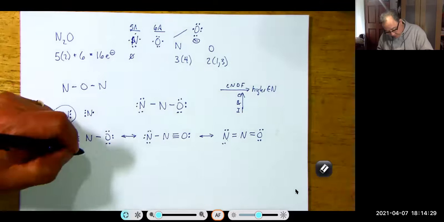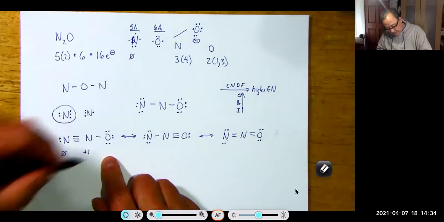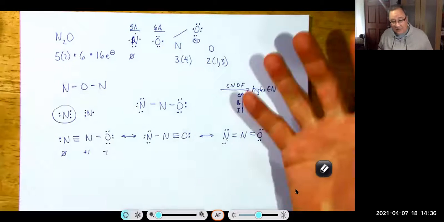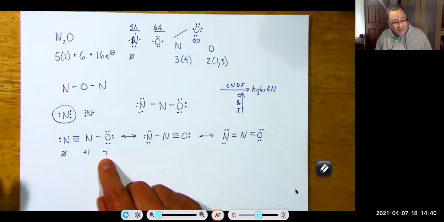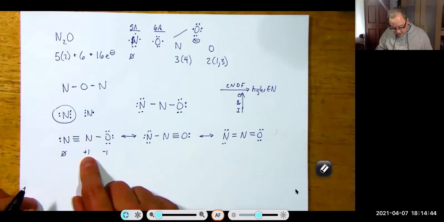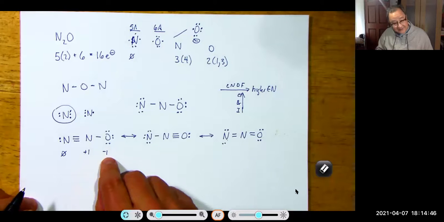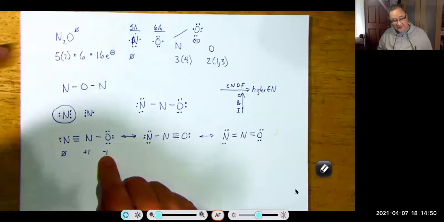It becomes +1. And this oxygen is going to be a -1, following the same sort of logic. Now, this one I actually did a different way. I didn't count dots. I said, well, if that's a 0 and that's a +1, I know that these 3 numbers have to add up to 0 because that's the charge on this thing.